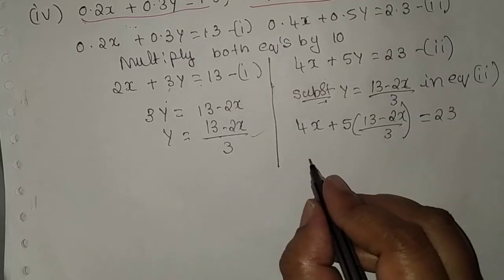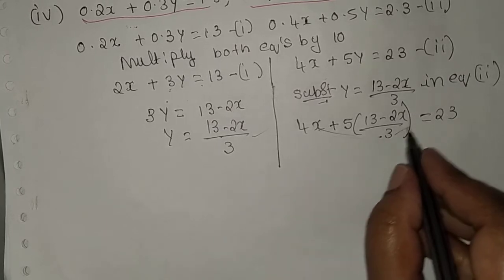Now we simplify. How to simplify? Cross multiply all this.